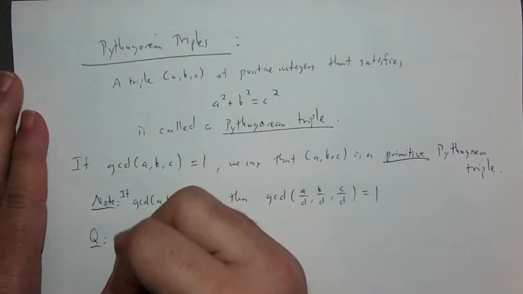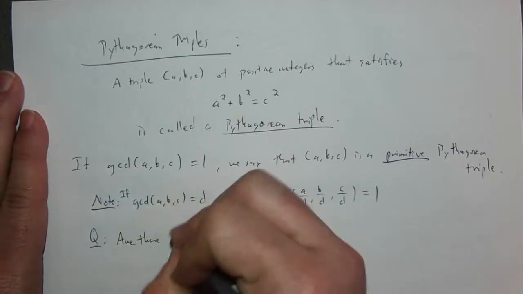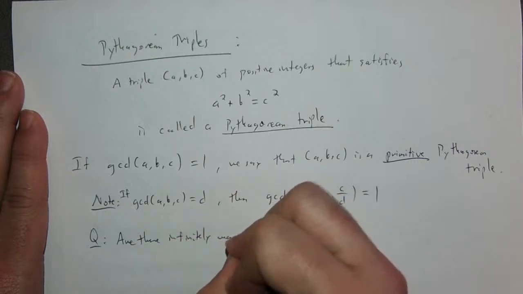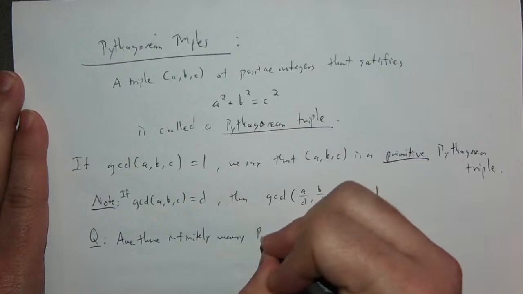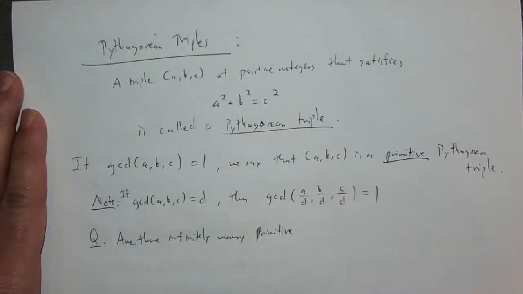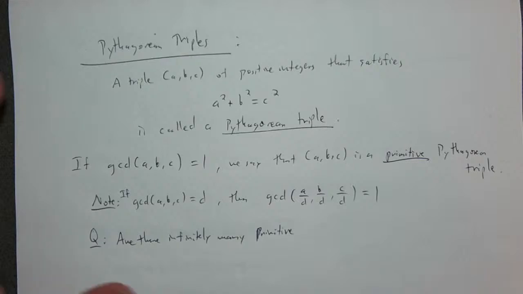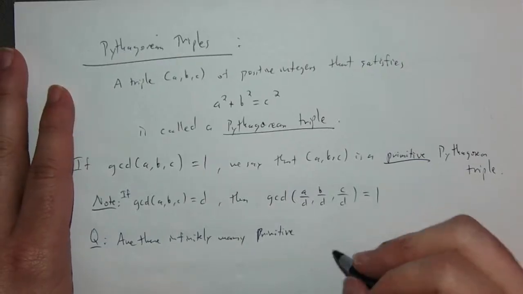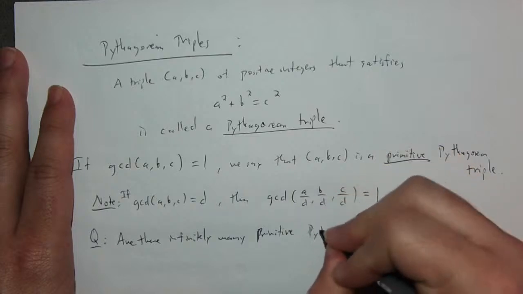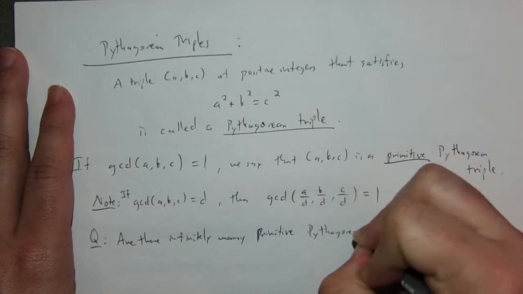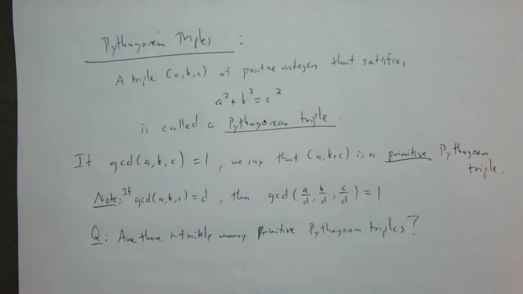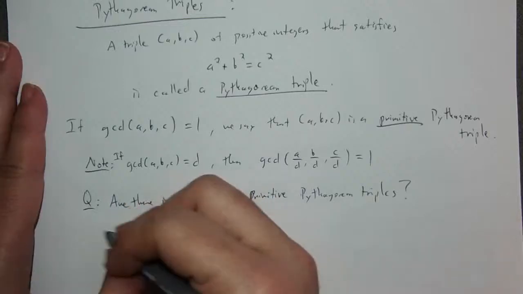So there's a question. Are there infinitely many primitive Pythagorean triples, even though this previous note means that this primitive bit is not holding us back too much? I'll spoil the fun and say yes, the answer is yes.